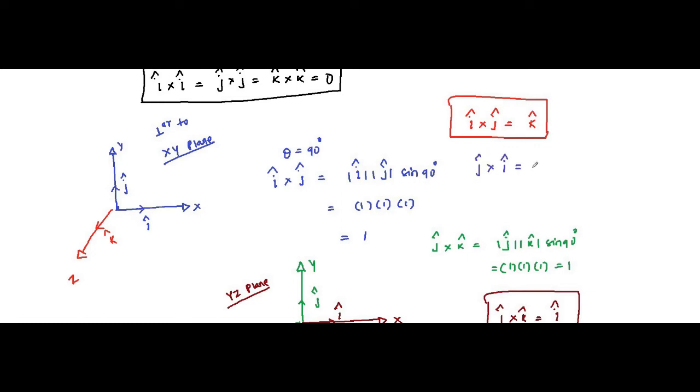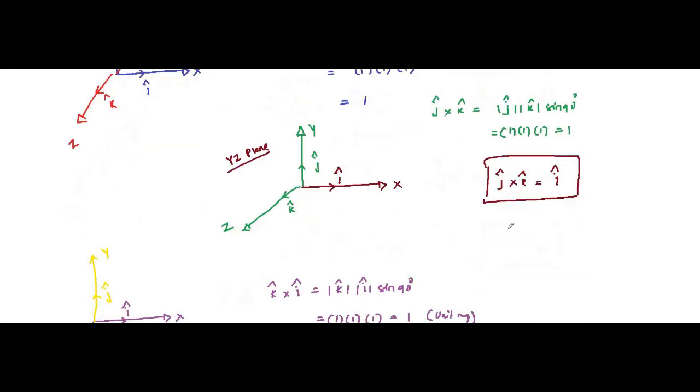The magnitude will stay the same, but it will be in the opposite direction, minus k cap. It will be in the opposite direction to k cap, in the minus z axis, opposite to that.